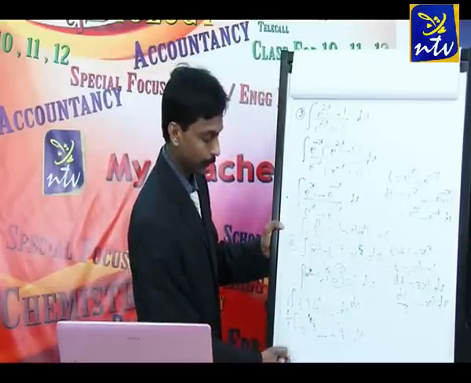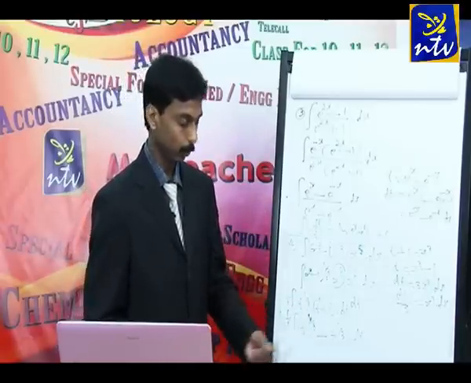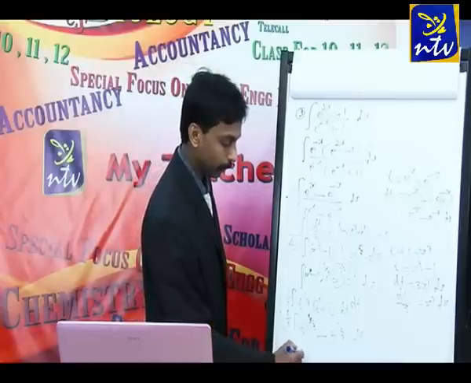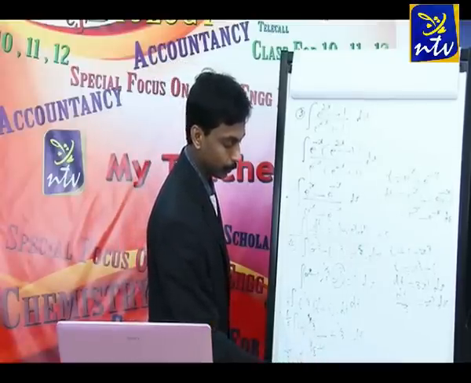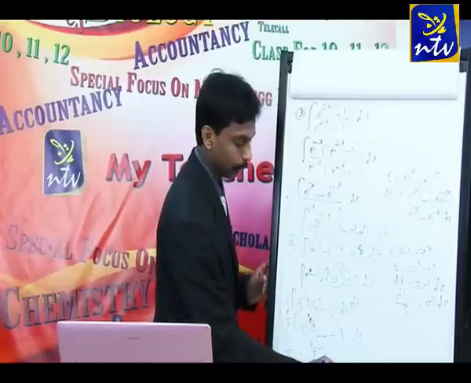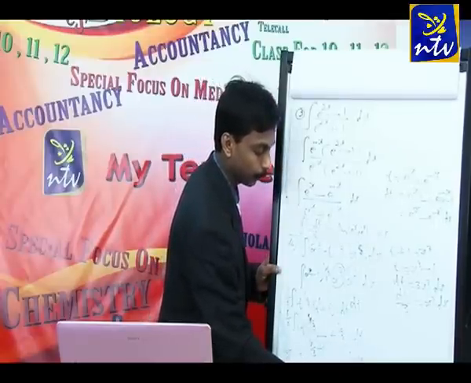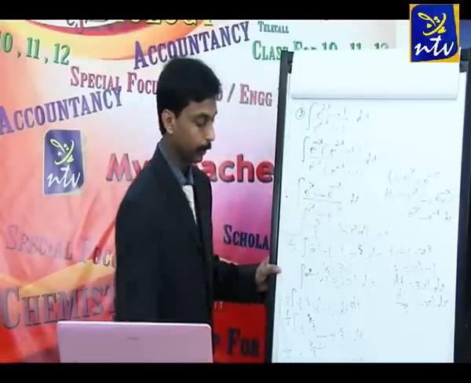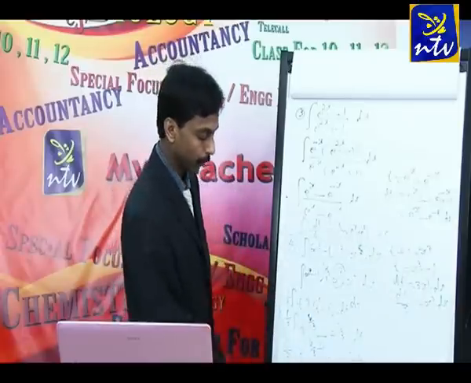Now the next step is integration. This is also the same x raised to n formula. So we can apply t raised to 4/3 plus 1 divided by 4/3 plus 1. Here also t raised to 1/3 plus 1 divided by 1/3 plus 1, by substituting the t value as x cube minus 1.